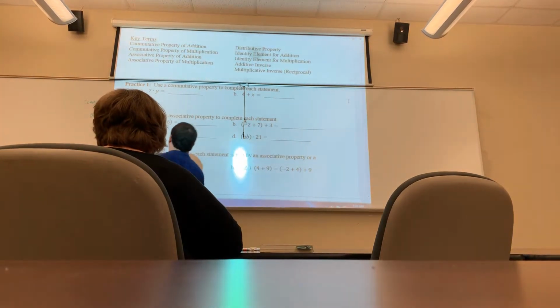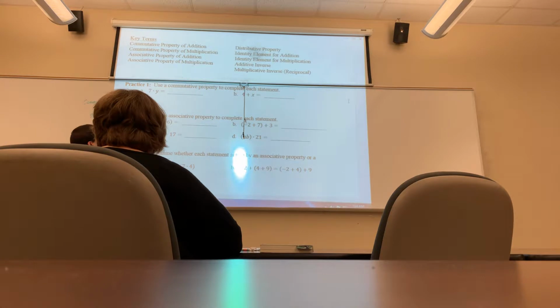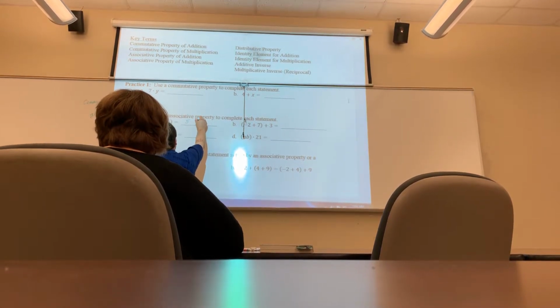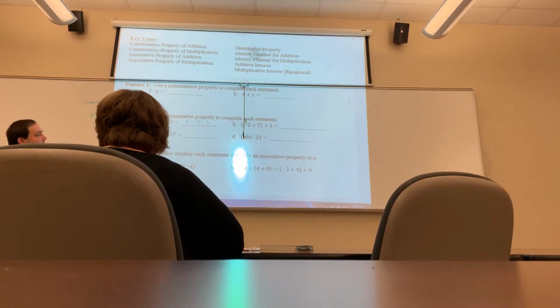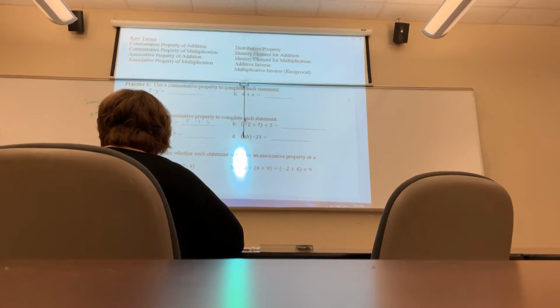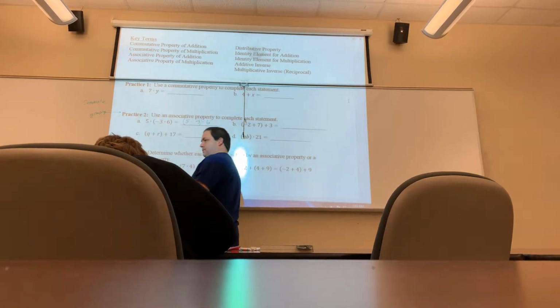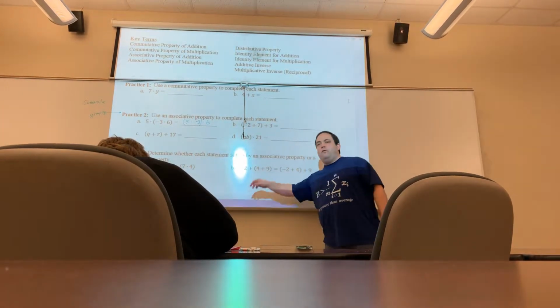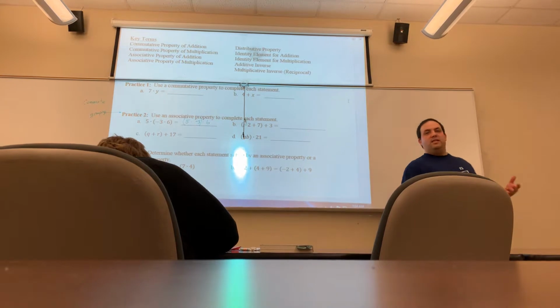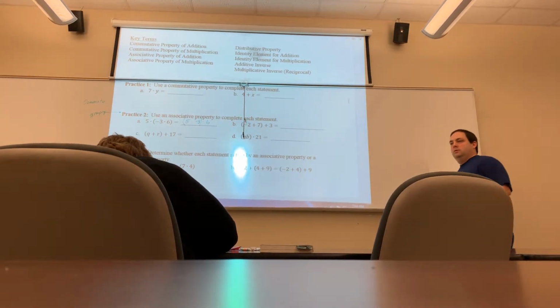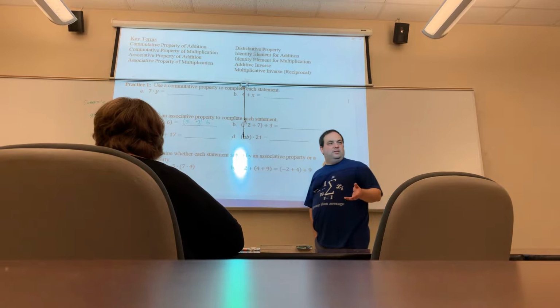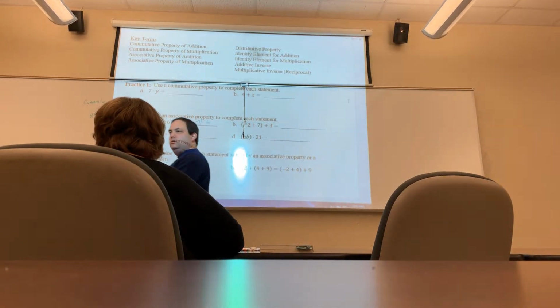So the associative property here, I'm still going to write the 5, the negative 3, and the 6. The order doesn't change. But instead of having the parentheses around the negative 3 and the 6, I'll have the parentheses around the 5 and the negative 3. And according to our order of operations, that changes the mental order in which you work. But since they're both multiplications, it really doesn't matter which one you work, because it's all going to be the same thing anyway.